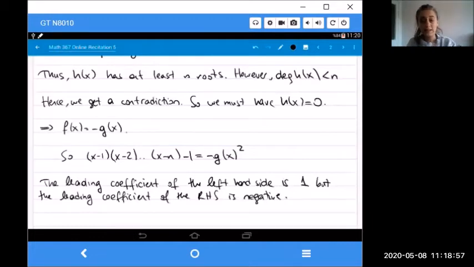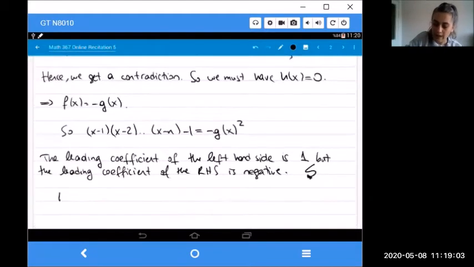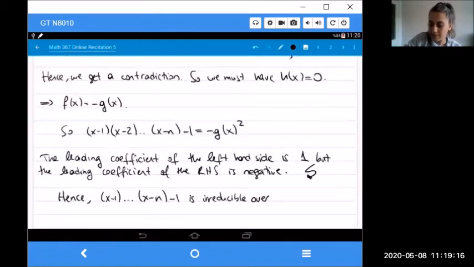So these two polynomials cannot be equal. We get a contradiction, hence our assumption is false. This means that our polynomial (x minus 1)...(x minus n) minus 1 is irreducible over Z. So this is also done.